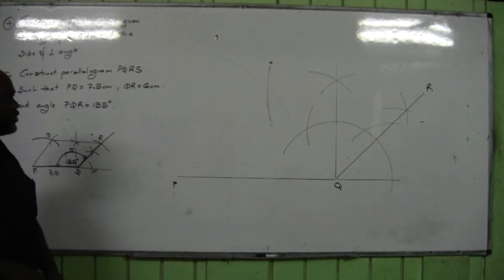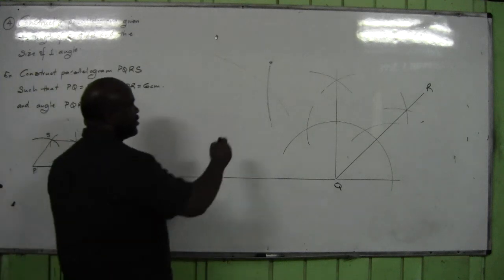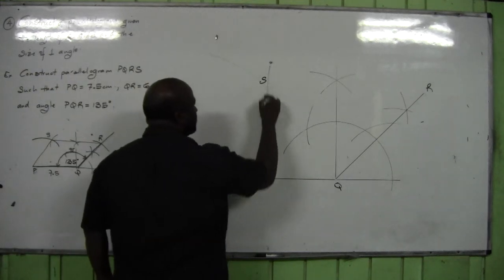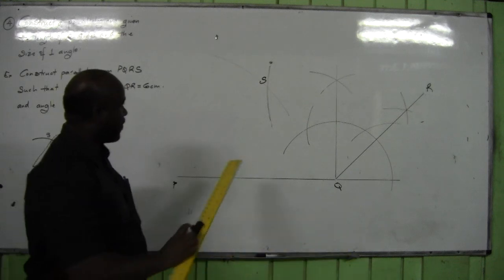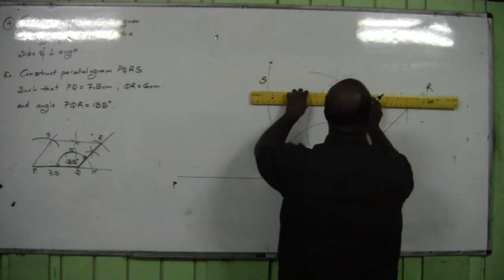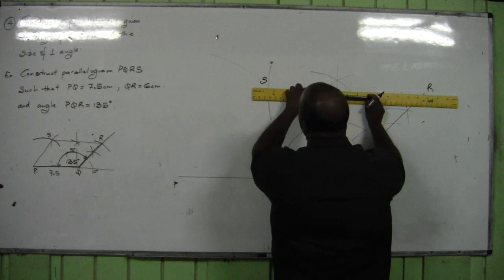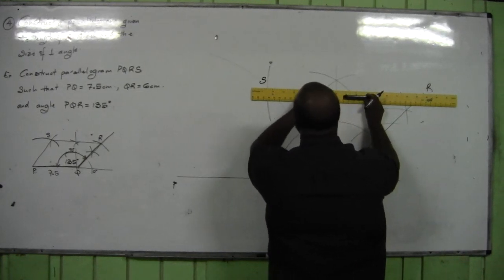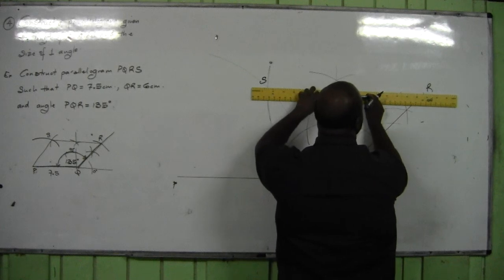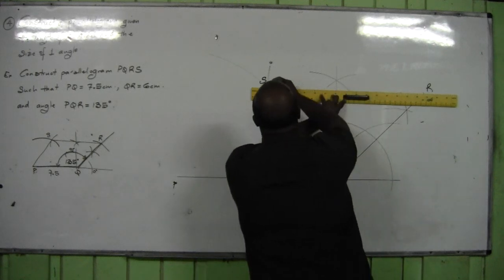Yes, because the only point you know there is R. It's supposed to be 6 centimeters from P. No, 7.5. R is supposed to measure 7.5, right, sir? Yes. Connect R to S. Yes, sir, 6 centimeters.